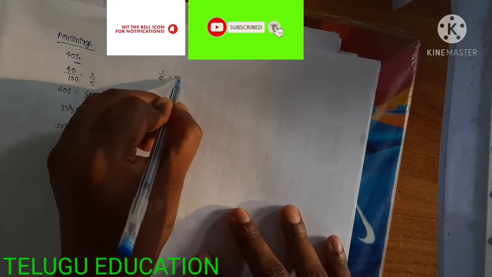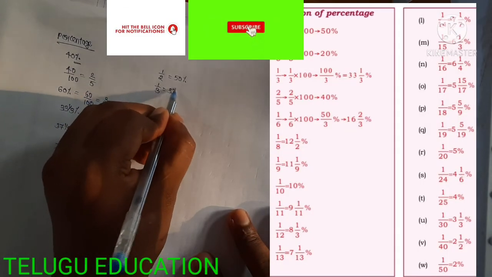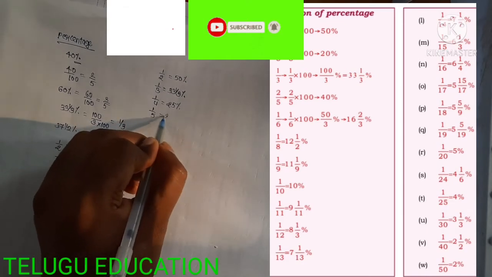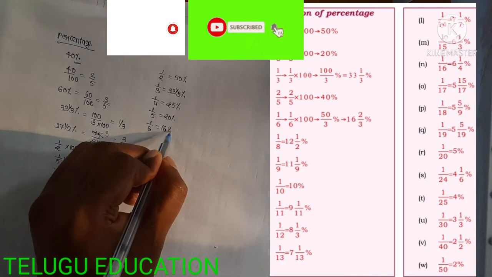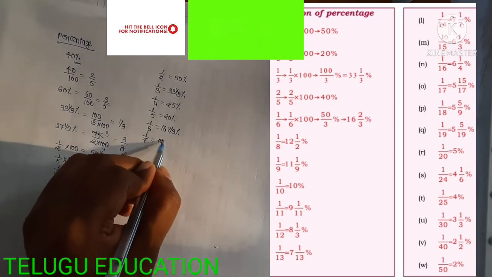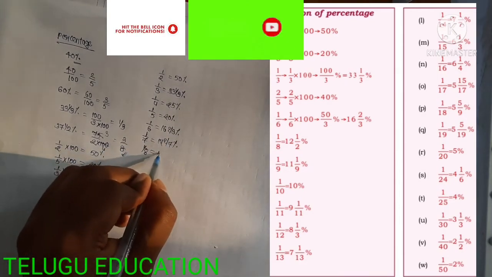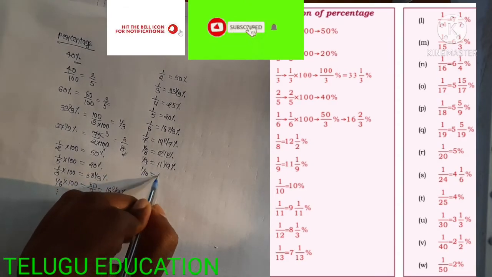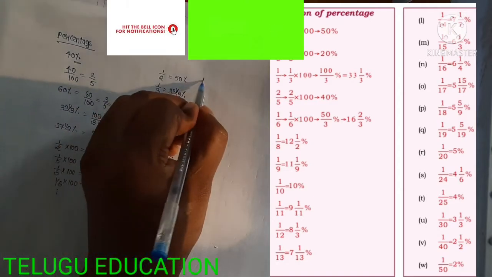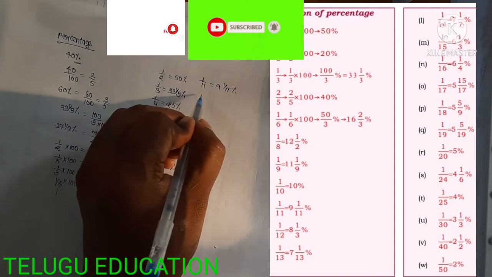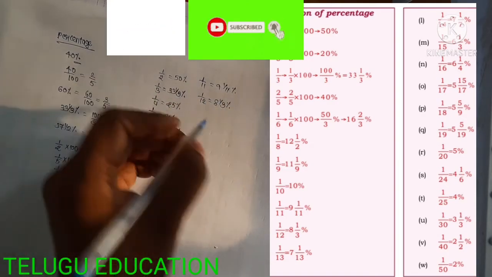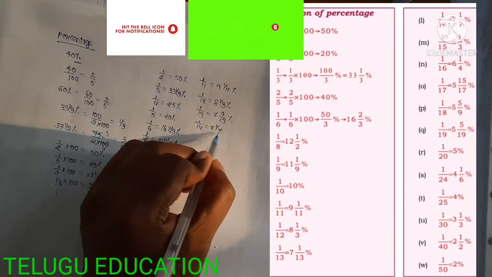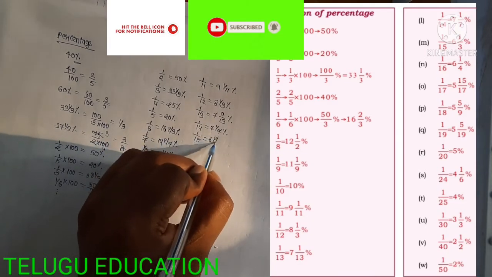So 1/2 is equal to 50%, 1/3 is equal to 33 1/3%, 1/4 is equal to 25%, 1/5 is equal to 20%, 1/6 is equal to 16 2/3%, 1/7 is equal to 14 2/7%, 1/8 is equal to 12.5%, 1/9 is equal to 11 1/9%, 1/10 is equal to 10%.